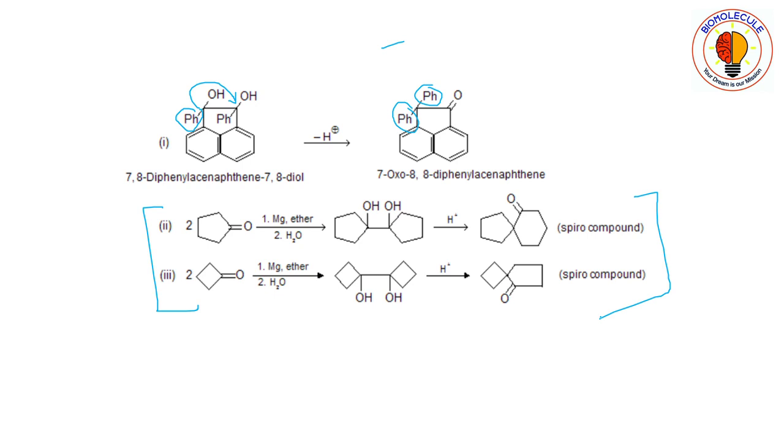I will try to make these things more clear to you, okay. So here you are seeing what are spiro compounds, okay. Spiro compounds mean this carbon is bonded to two rings, that is a spiro compound. Same here also, this carbon is bonded to two rings, that is a spiro compound.